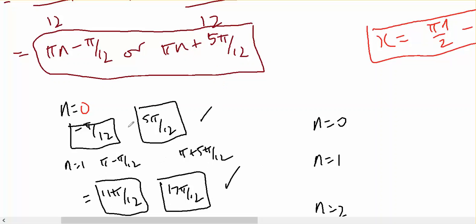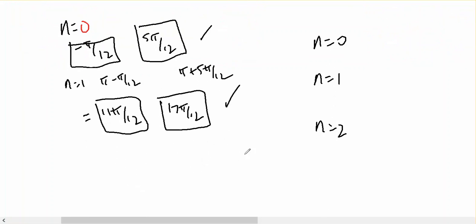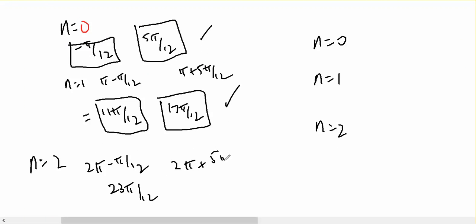So they're the four solutions I get when n equals 0 and n equals 1. I could continue and make n equals 2, and that would be 2 pi minus pi on 12, which would be 23 pi on 12, and 2 pi plus 5 pi on 12, which is 29 pi on 12.